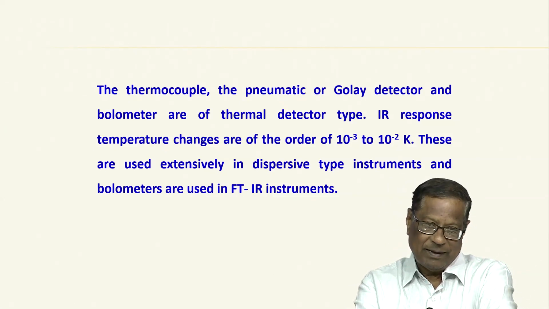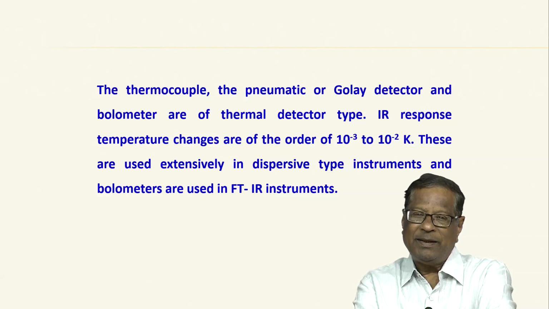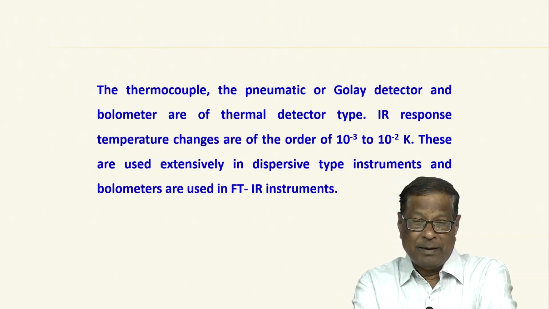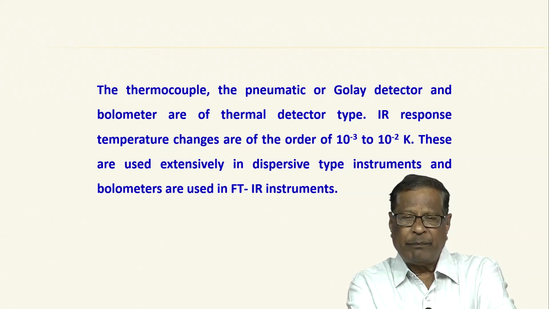That means the difference between the reference and the actual sample: the generated radiation is actually the unabsorbed, and once the sample is put, I have the lower temperature because part of it is absorbed.